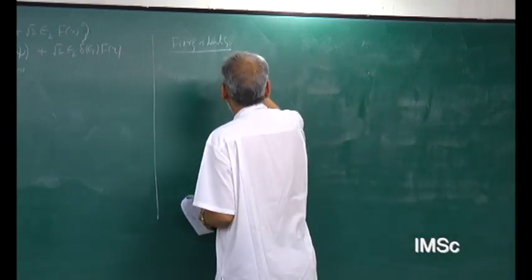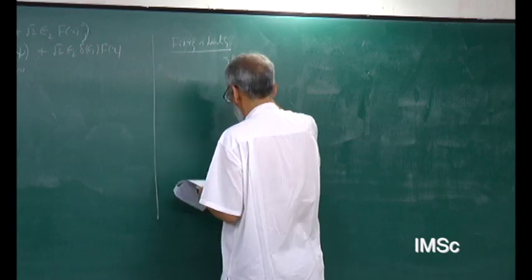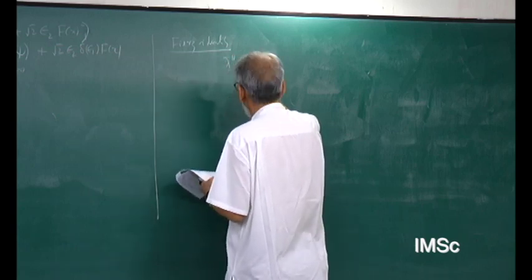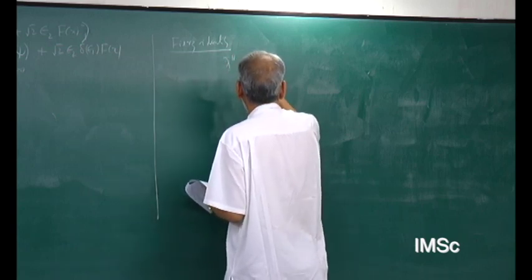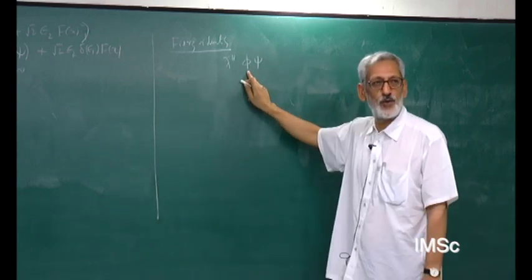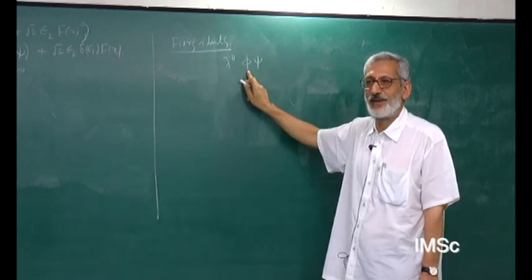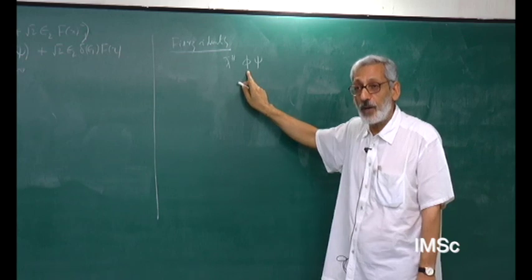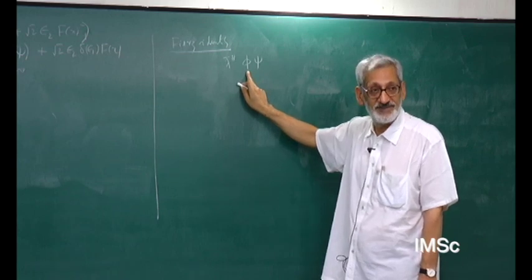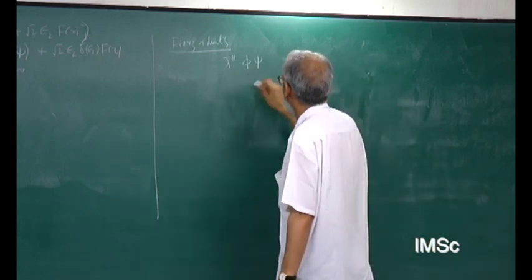Take a fermion lambda bar alpha and multiply it by phi psi. Phi is a fermion in this notation. Please don't confuse it because I need so many symbols now. So phi is a fermion here. So, three fermions.